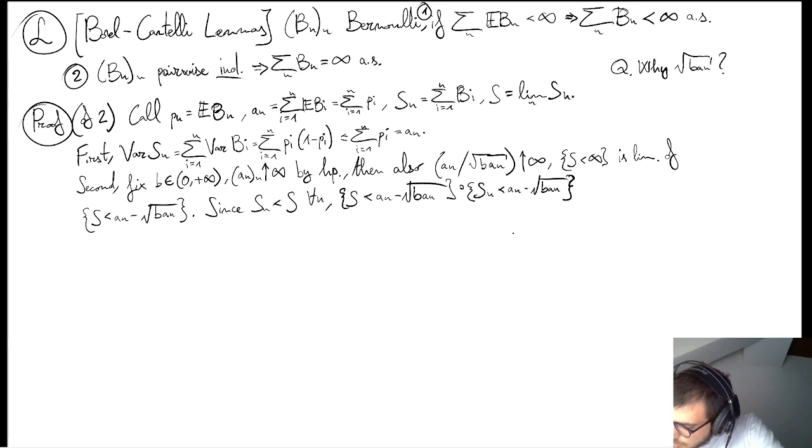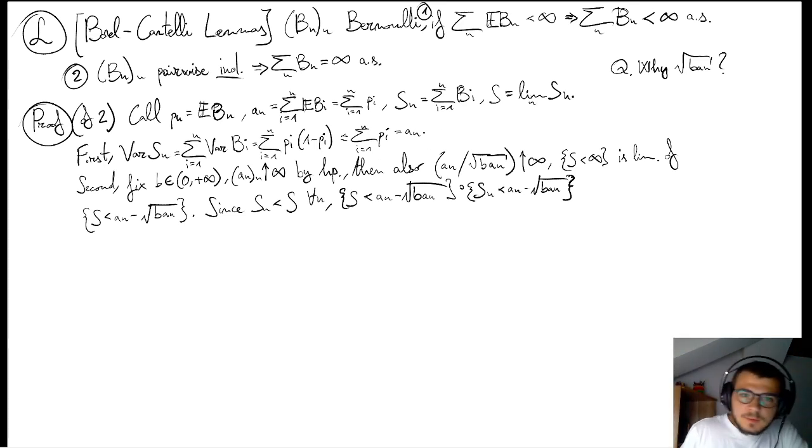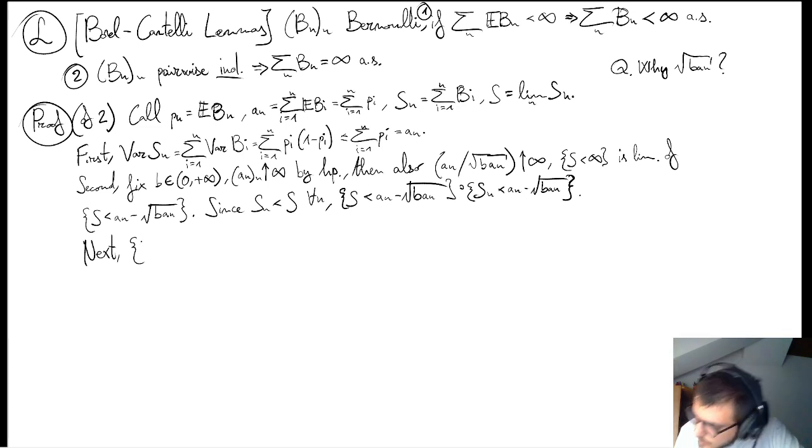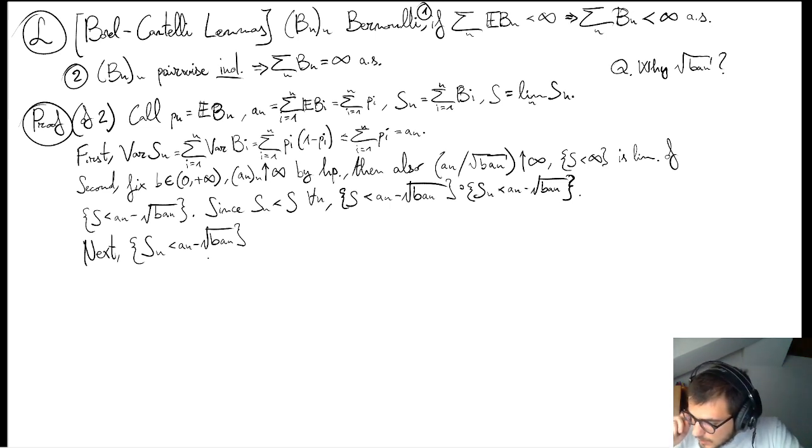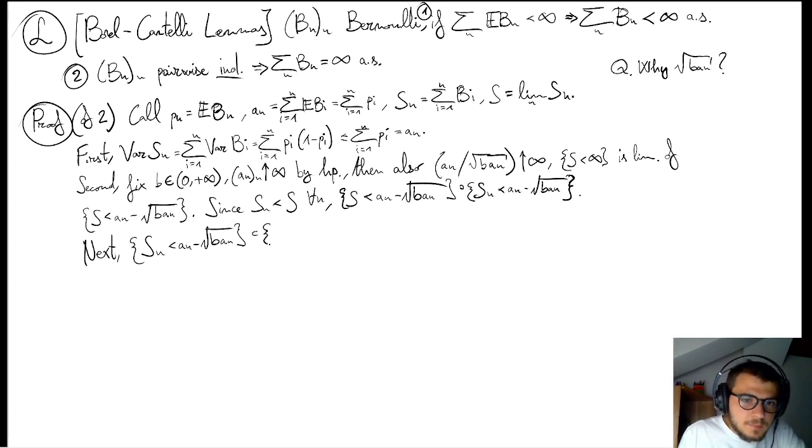And next, we also have that the event Sn less than An minus square root of B times An is contained in the following event: absolute value of Sn minus An less than square root of B times An.